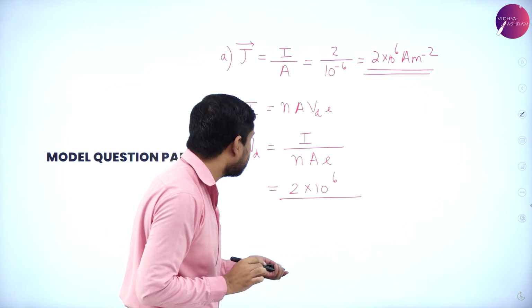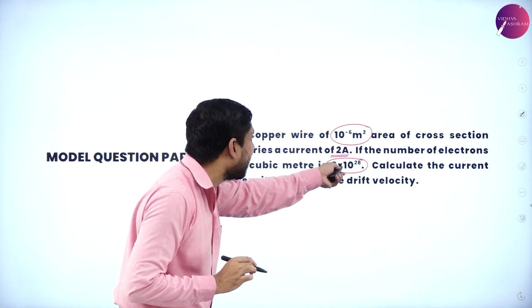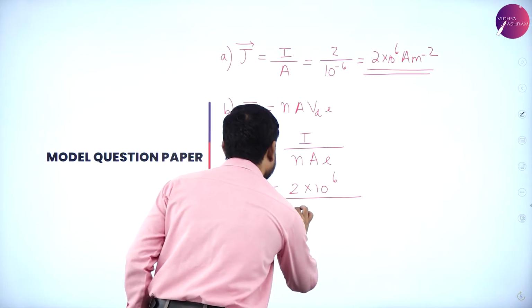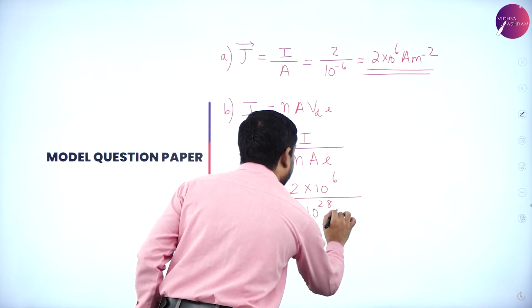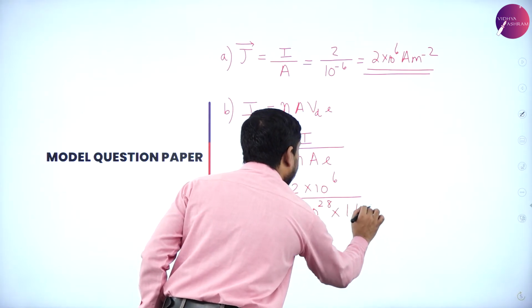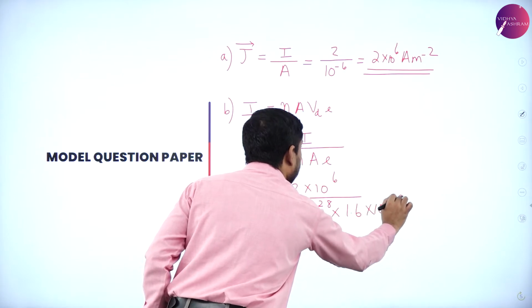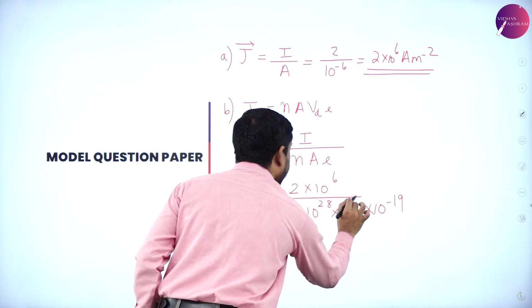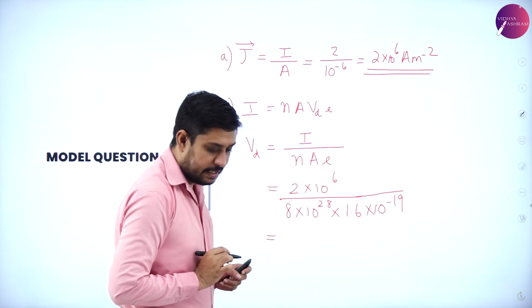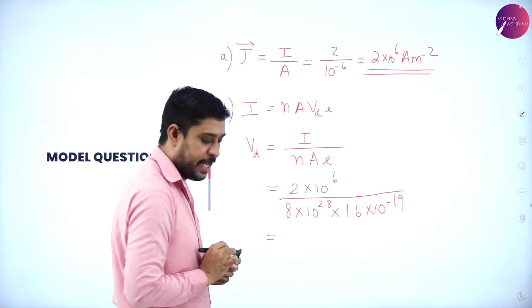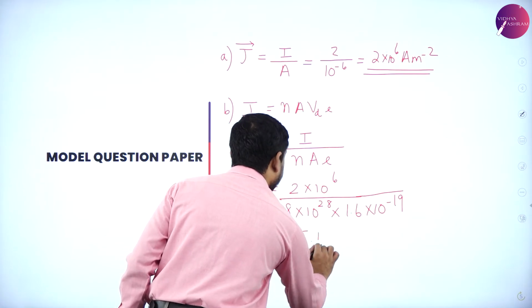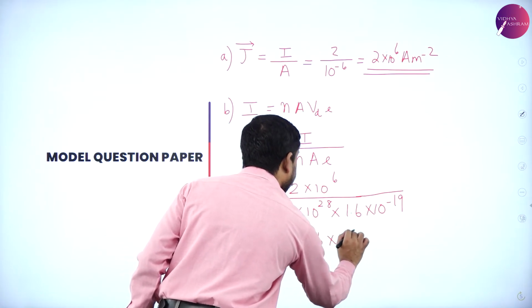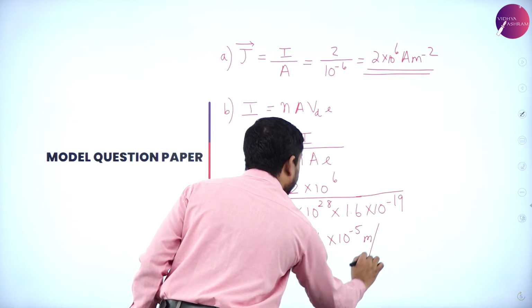How many electrons are there per cubic meter? N. So this is 8 into 10 power 28 into the charge of the electron. On simplification, again this turns out to be 15.6 into 10 power minus 5 meter per second.